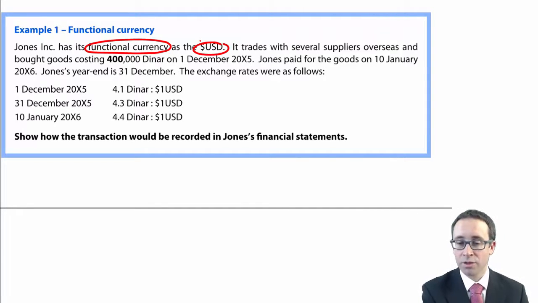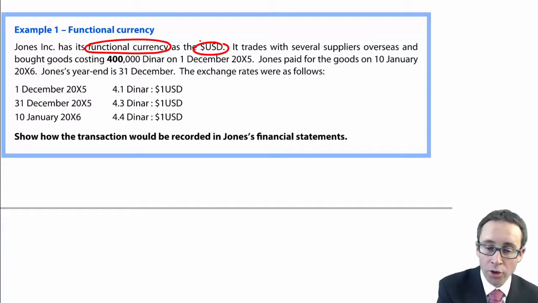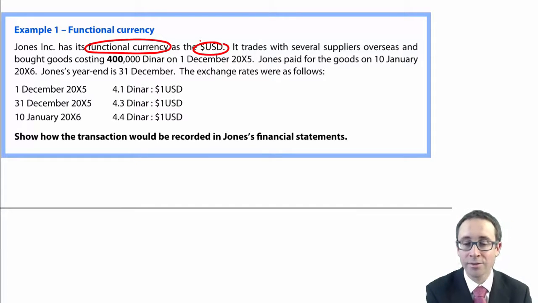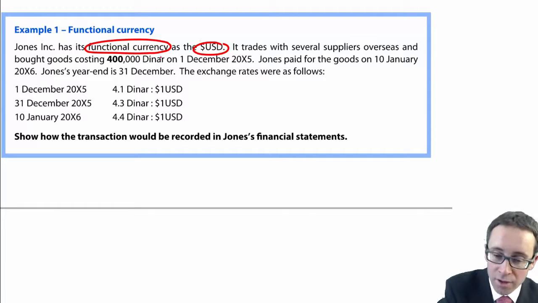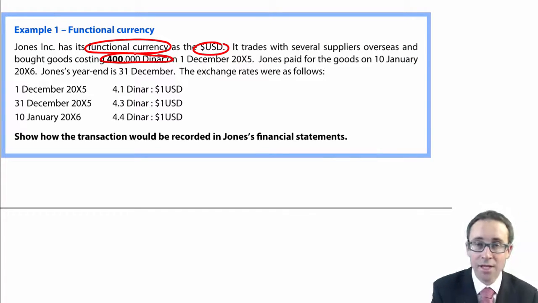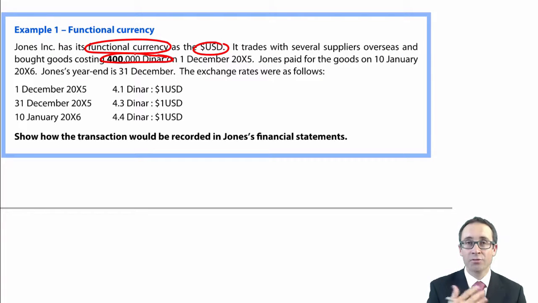And it says it trades with several suppliers overseas and bought goods costing 400,000 dinar on the 1st of December X5. So the 400,000 dinar will need to be translated at the rate that was in place on that 1st of December date. So I think you can see there the 1st of December is a rate of 4.1, isn't it? It seems that those goods were purchased on credit because we then didn't pay for the goods until the 10th of January 20X6.